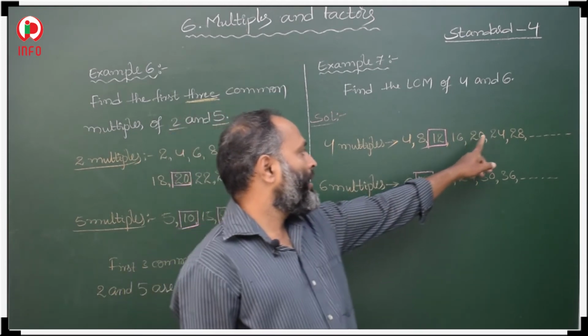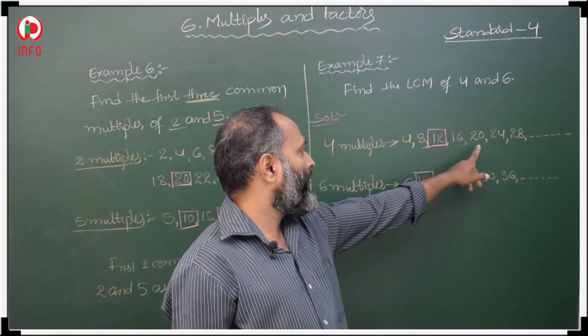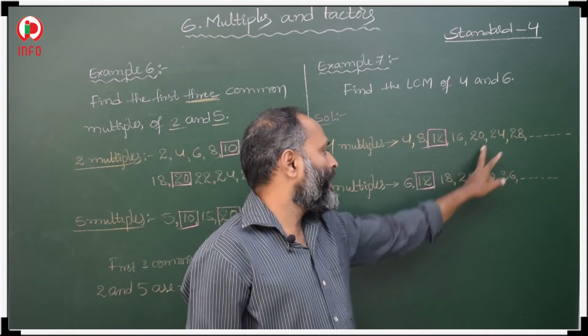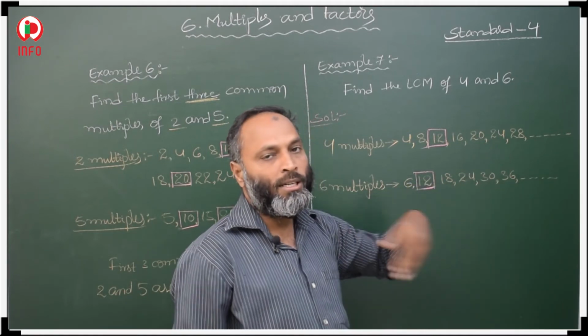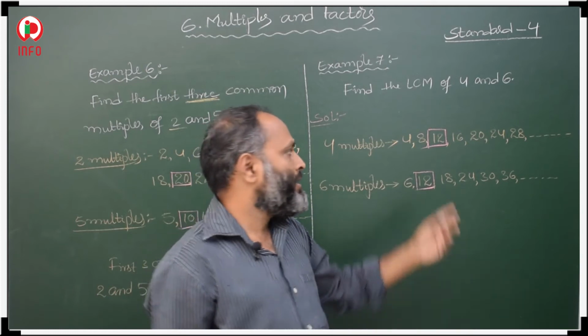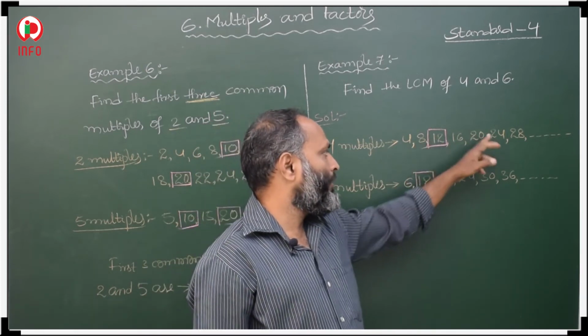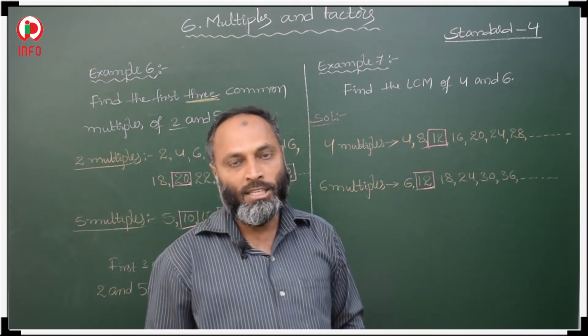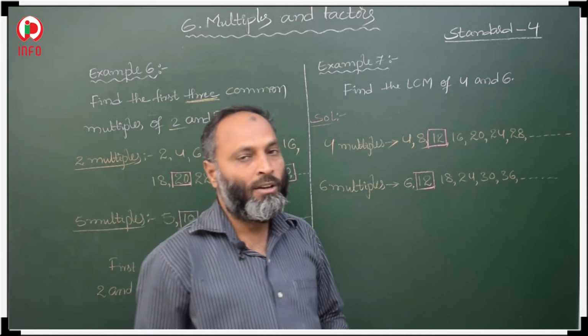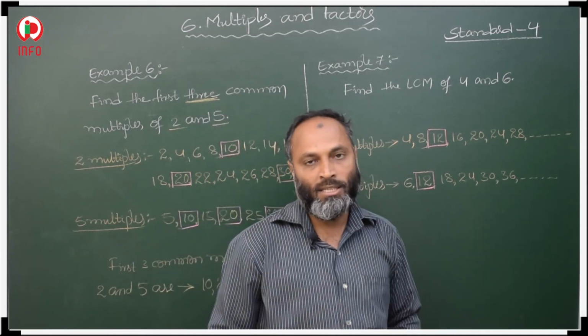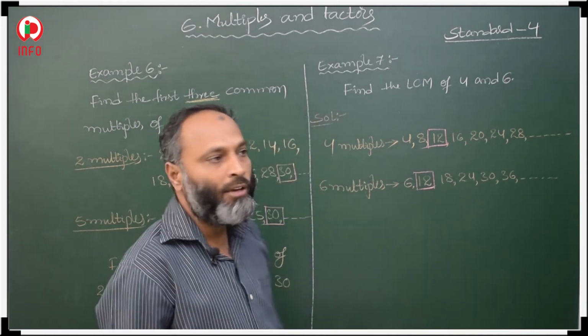After that, 24 is there in both, but that is the second one, not the least. If we compare 12 and 24, 12 is the least. So whatever the first common multiple is, that is the least common multiple of the given numbers.